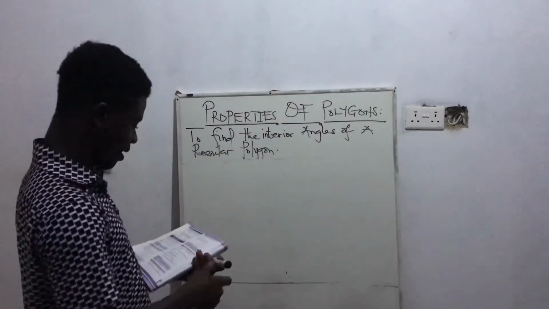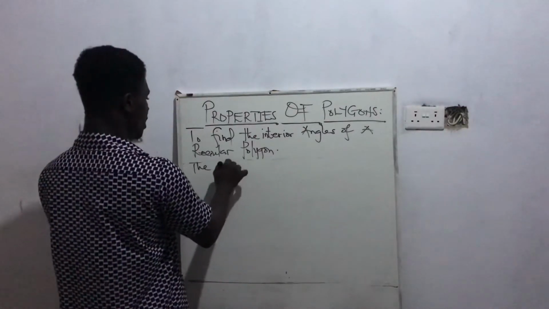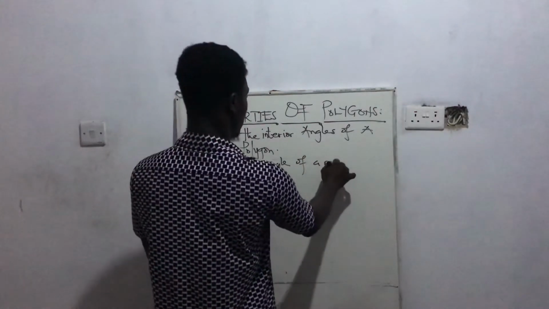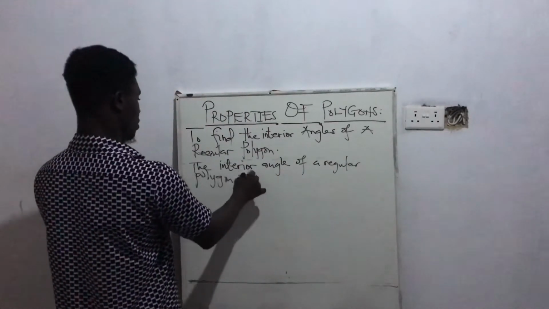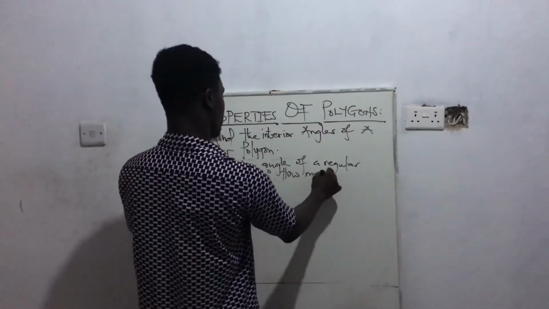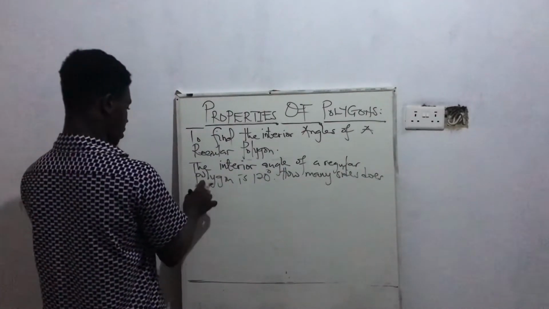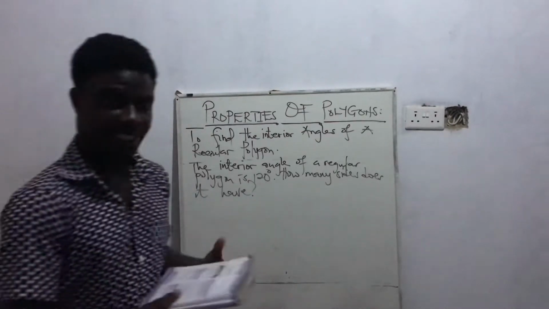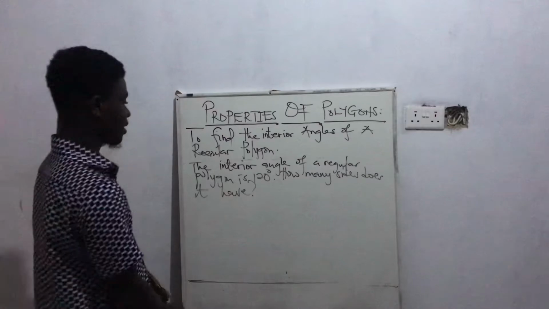The interior angle of a regular polygon is 120 degrees. How many sides does it have?